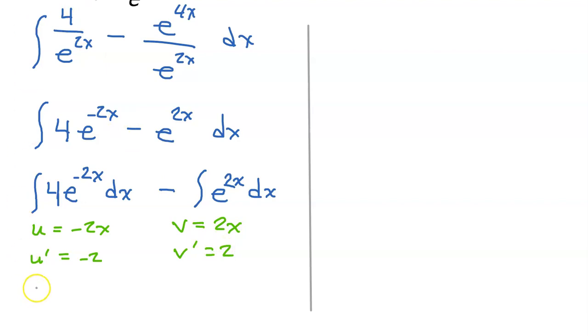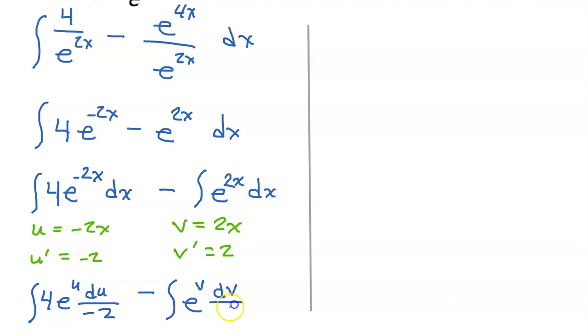If we make these substitutions, we will have the integral of 4e to the u, and instead of dx, we will write du over u prime, which is negative 2. And then for the second one, we have the integral of e to the v, and I'm going to write dv over v prime, which is 2. 4 divided by negative 2 is negative 2.